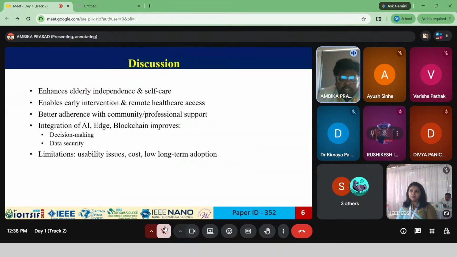In the discussion, IoT and wearables enhance elderly independence and self-care. They do not need to depend on anyone for monitoring their healthcare parameters. This also enables early intervention and remote healthcare access.